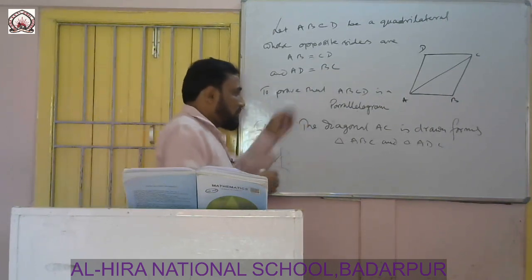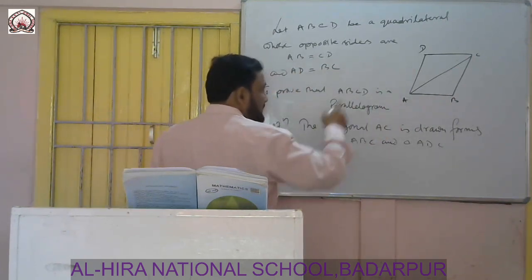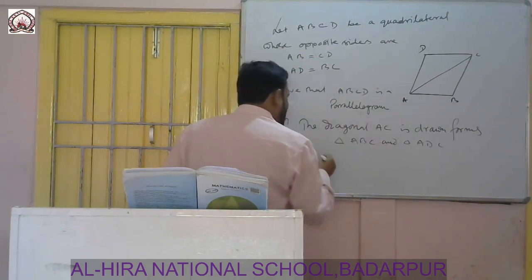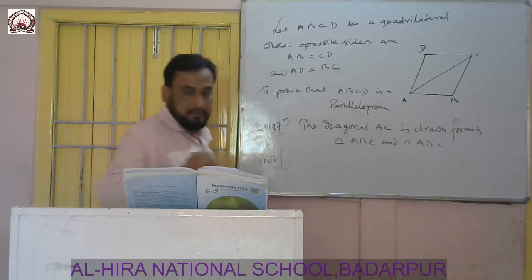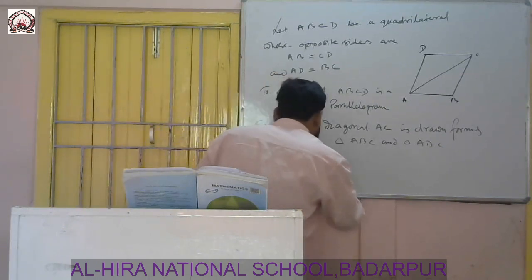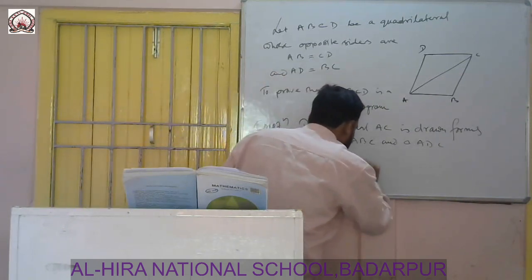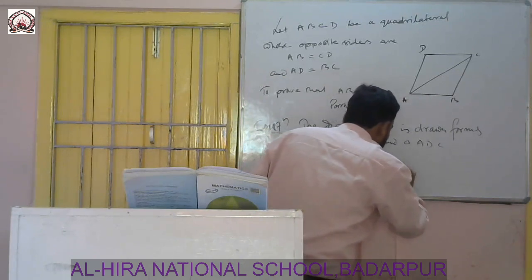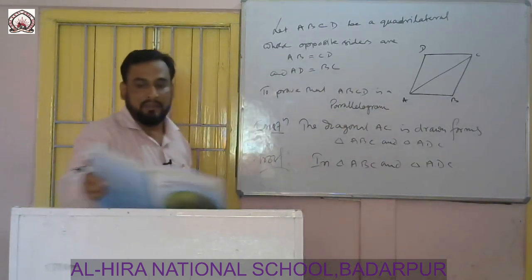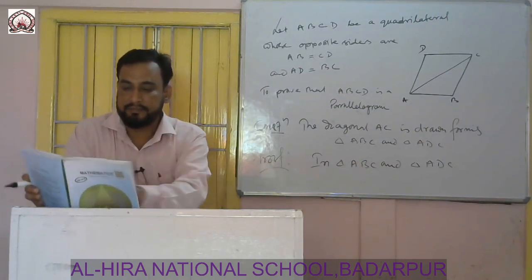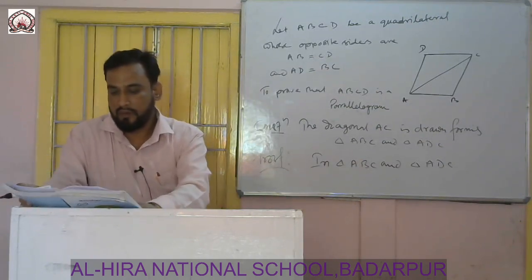So after getting the two triangles, now we are comparing these two triangles. In triangle ABC and triangle ADC, what are we getting?